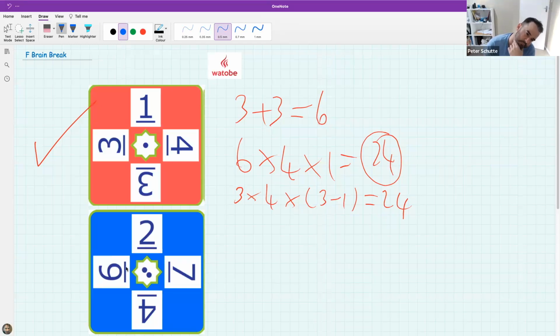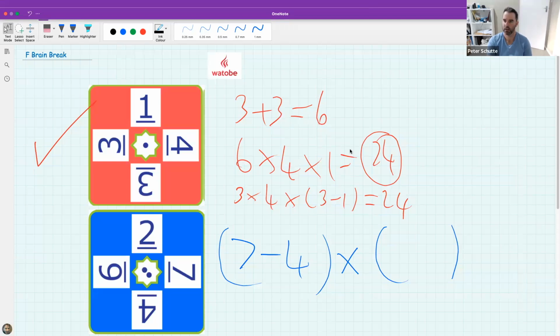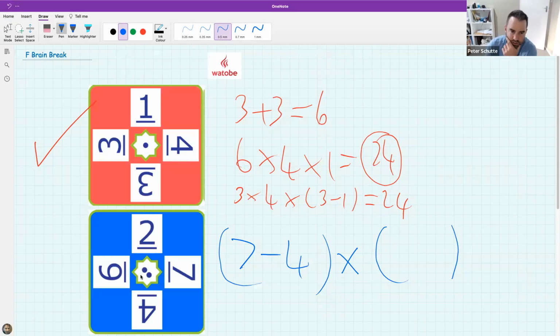That's a 6, huh? Well, I know that could be helpful. What else do we have to do? So I think we've used 7 and we've used 4.